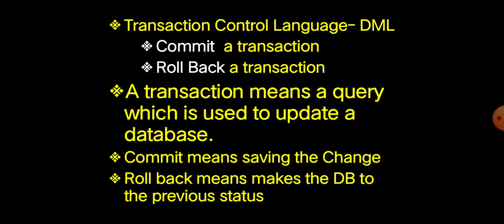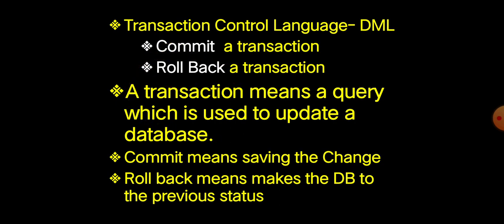If a query is executed and it has a mistake, at that time we need to use rollback to make the database return to its previous status. For a wrong entry, we use only the rollback command.